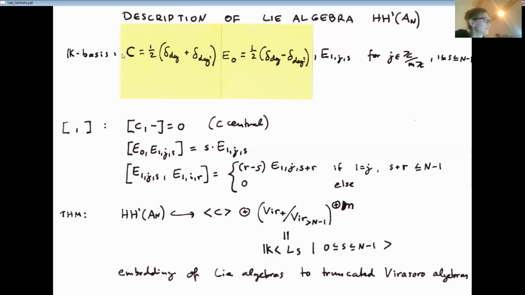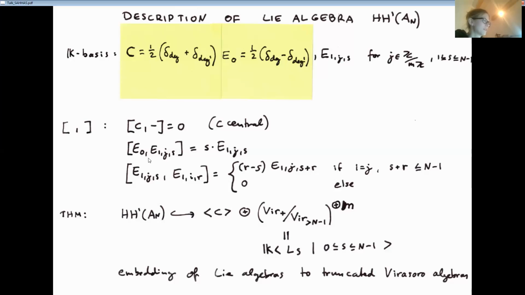And this is that the C is central, as the name suggests. So its Gerstenhaber bracket evaluated at any other element is 0. Then we have our newly defined element E0, that is the difference between the two degree derivations.